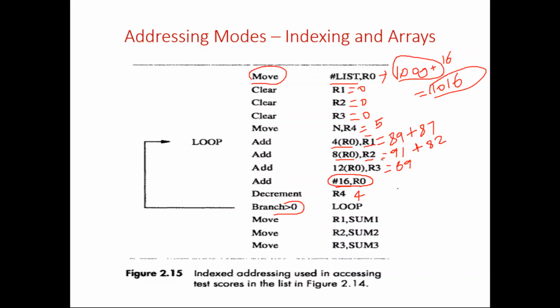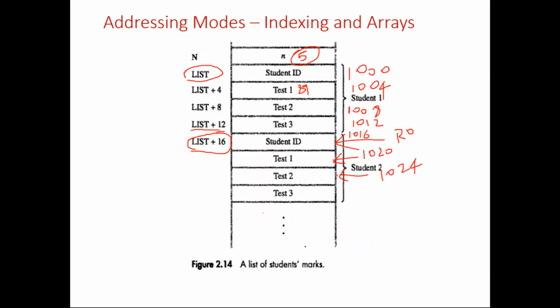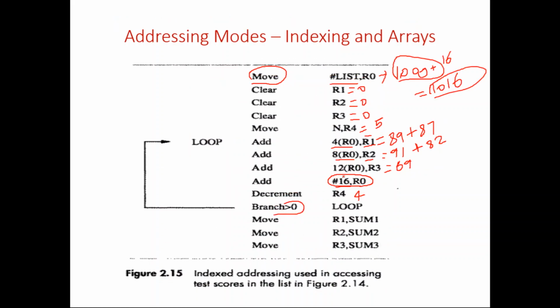Again, add 12 within brackets R0. What is R0? 1016, so 1016 plus 12 is 1028.